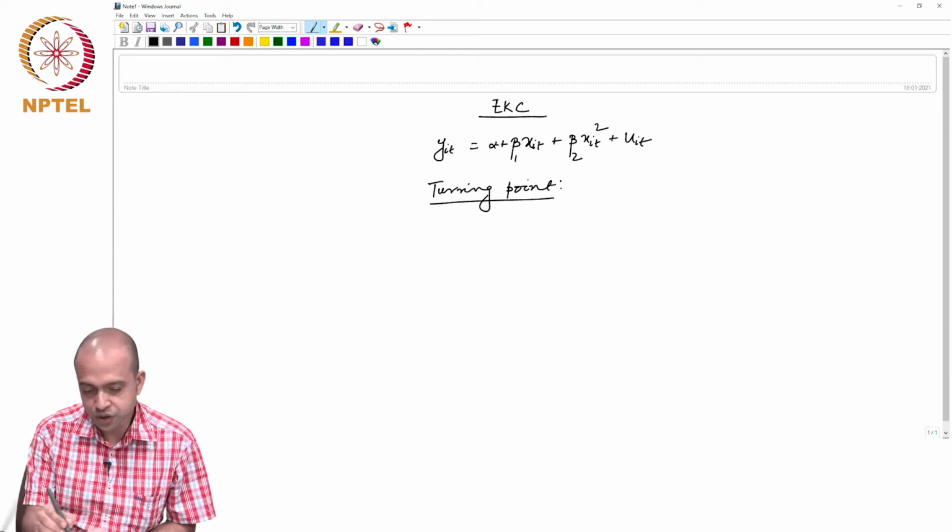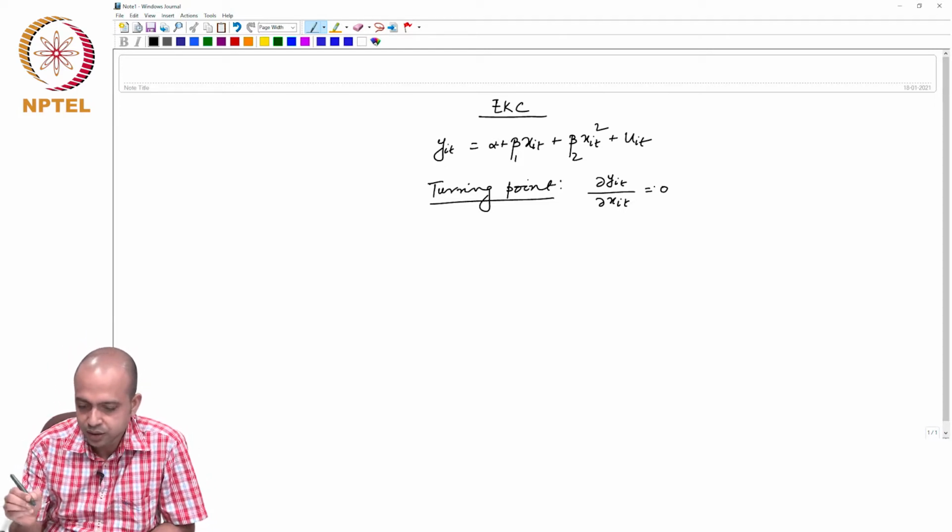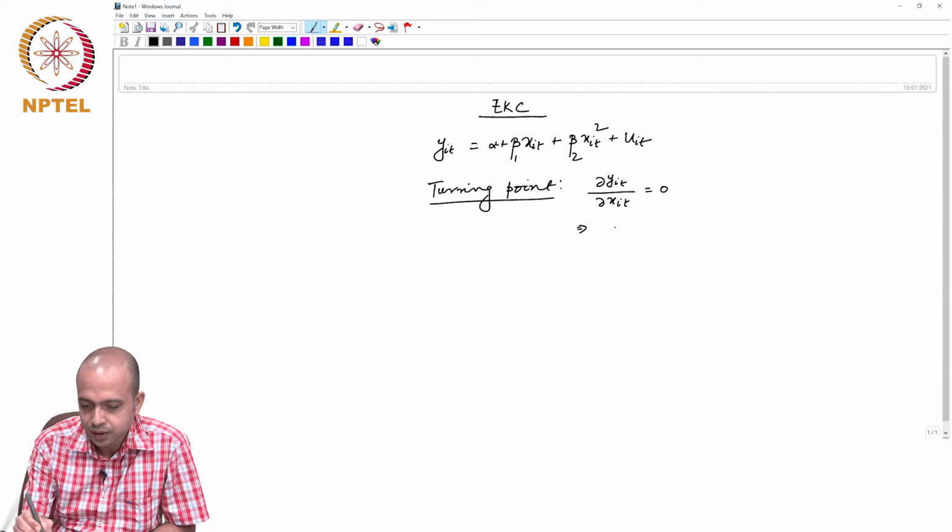If we differentiate this function with respect to X_it and set it equal to 0, this will imply that beta 1 plus 2 into beta 2 X_it equals 0.